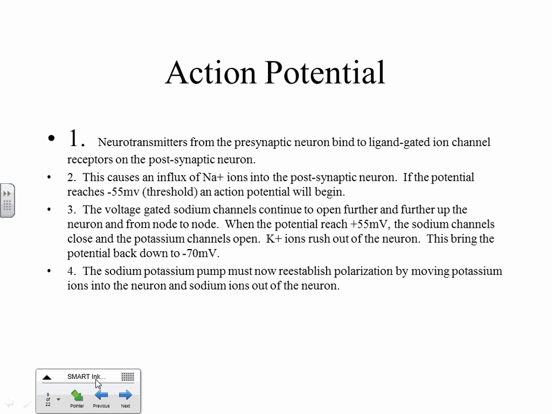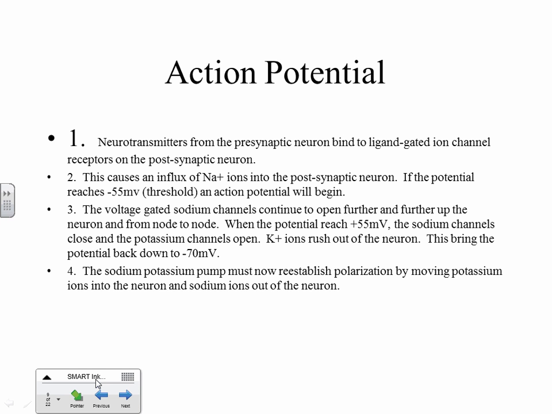That sort of summarizes what we just said. In an action potential, neurotransmitters from the presynaptic neuron bind to a ligand-gated ion channel receptor on the postsynaptic neuron. This causes an influx of sodium ions into that neuron and starts the action potential.